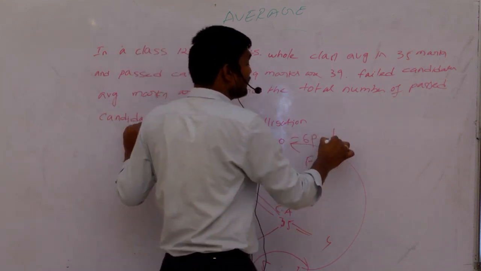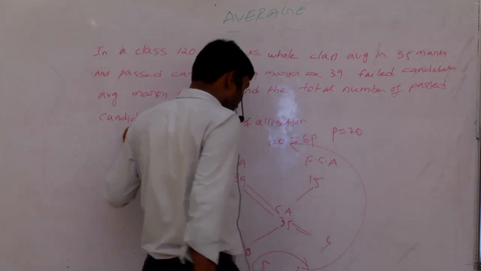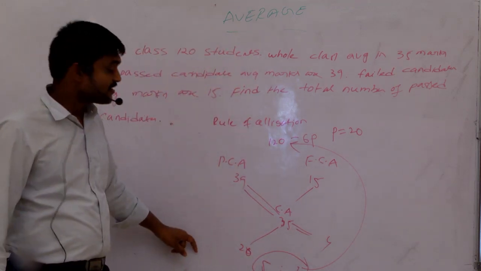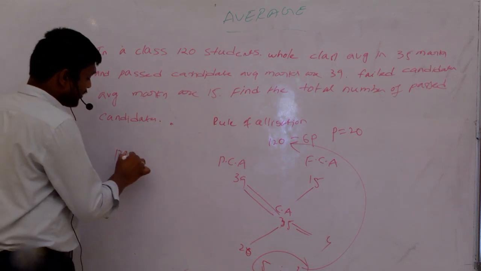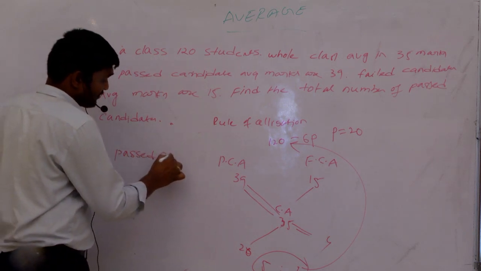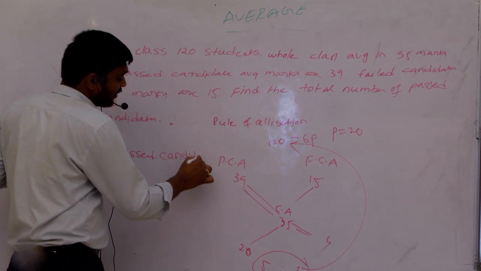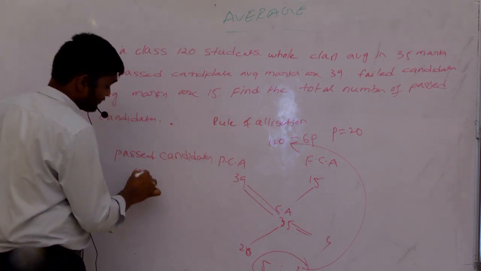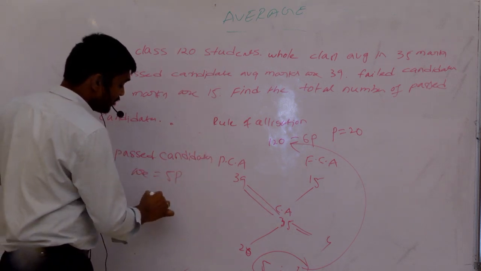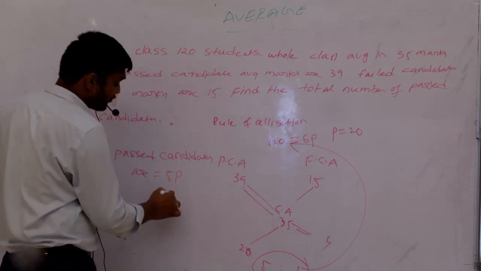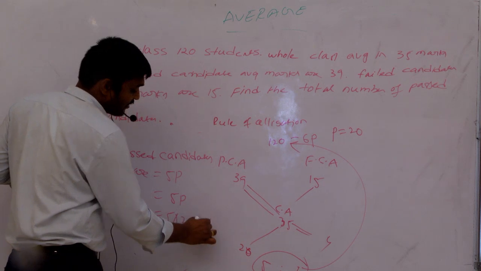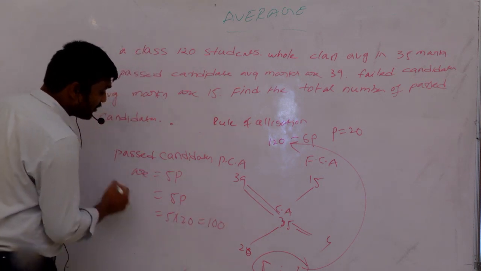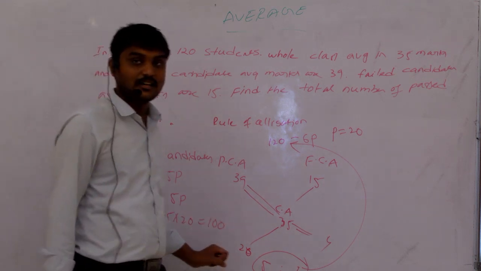So 1 pot equal to 20. But here passed candidates are 5 pots. So 5 pots equal to 5 into 20, that is 100. So passed candidates are 100.